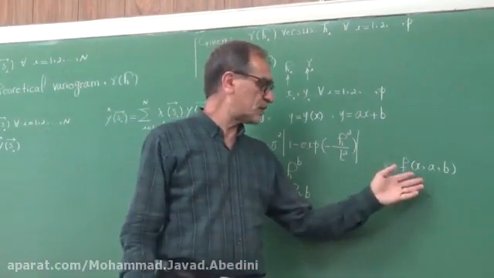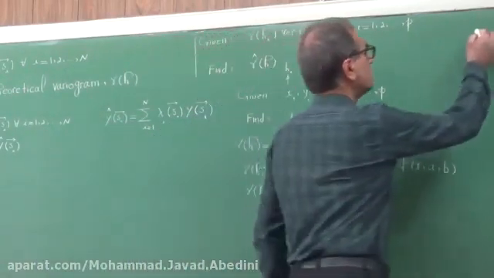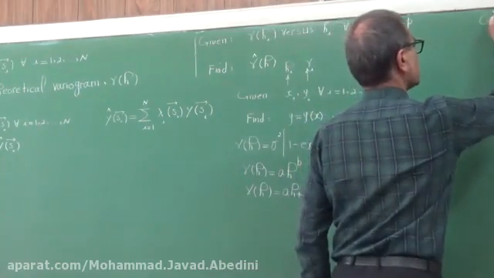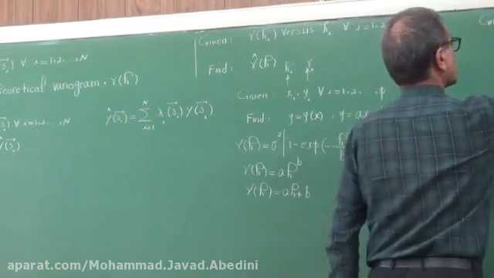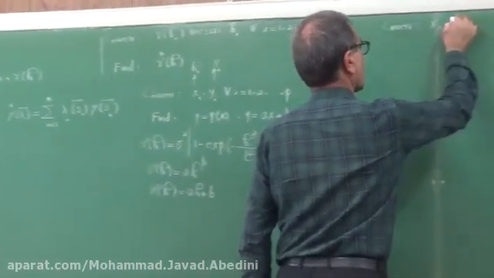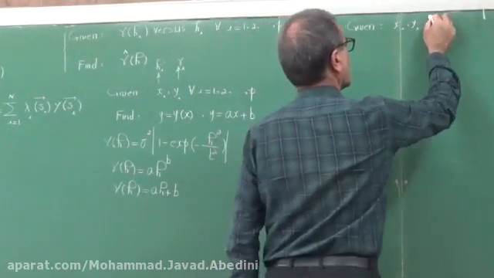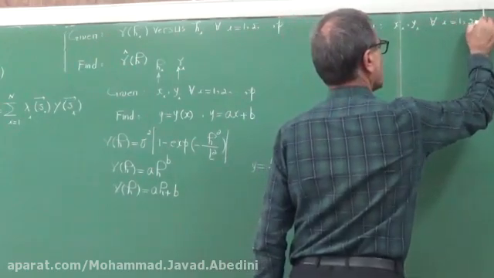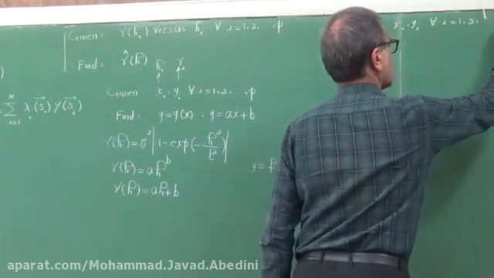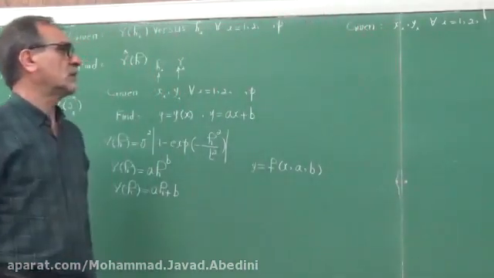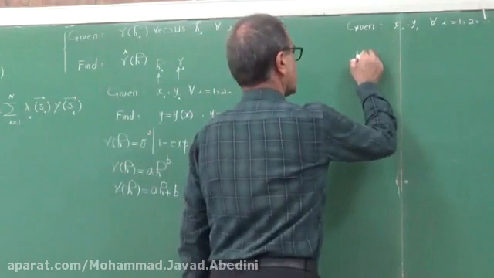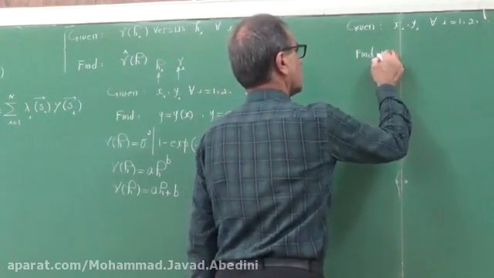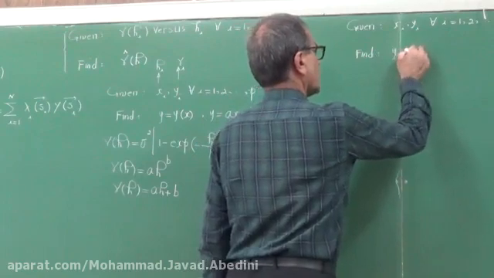And your job is this: given xi, yi for all i from 1 to p, then find y.